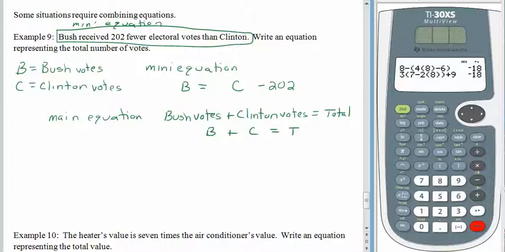Let me change colors here. I know something about B. So I want to put that extra information into my equation. Instead of B, I want to use all of this.